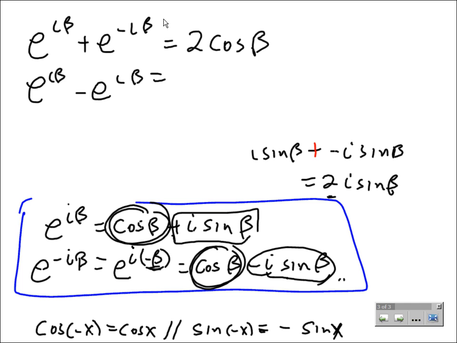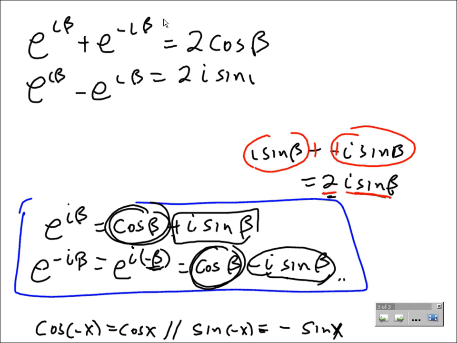Because you can change subtraction to addition and change the sign of the second term. And since these are exactly the same, if you add things that are exactly the same, you get 2 of those same things. So this becomes 2i sine beta.